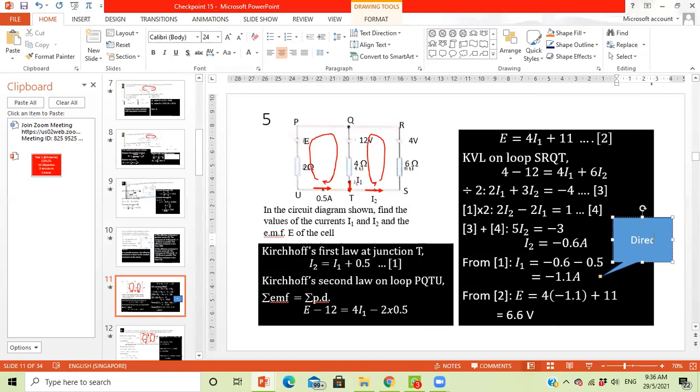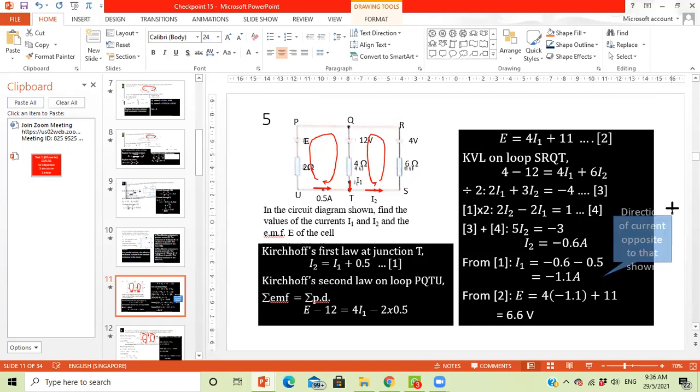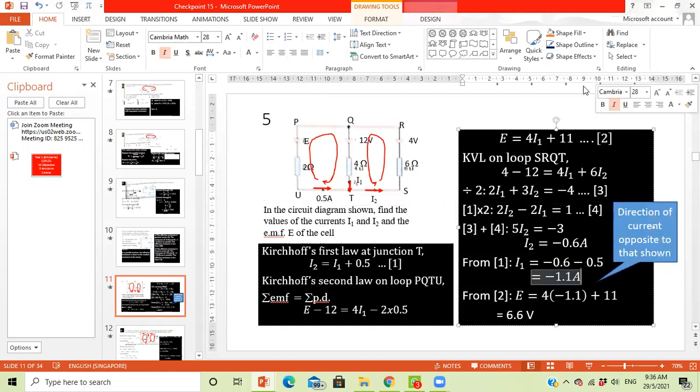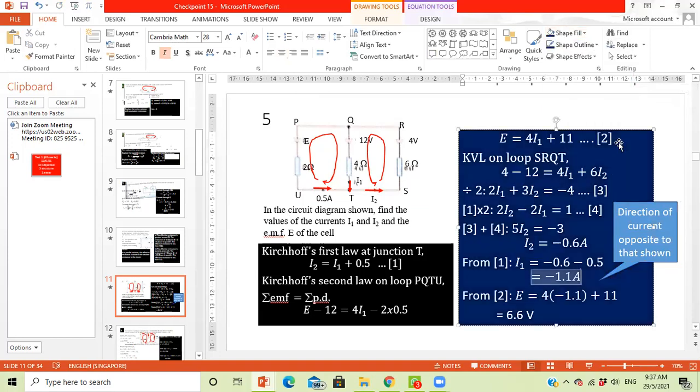Direction of current opposite to that shown. That's all you need to remember. If it's a negative sign, that means we chose the direction wrongly.